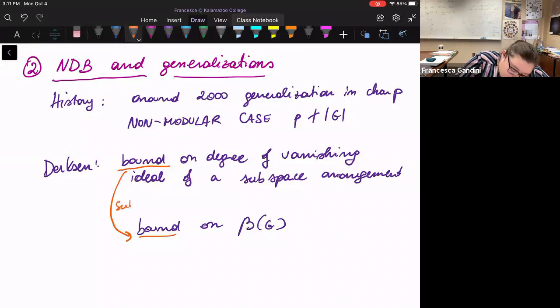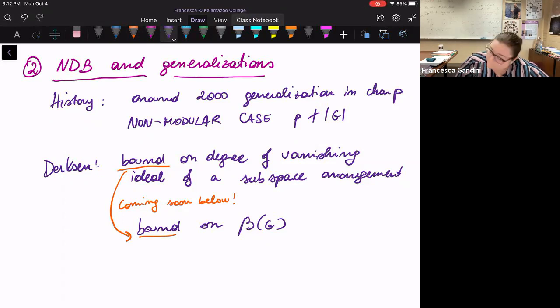So this is what we call the subspace arrangement theorem. Really, what do I call this? Coming soon, I'm just going to say. But just taking me at my word, there's a connection between the bound on the degree of the vanishing ideal of a subspace arrangement and a bound on the degree of a set of minimal invariants.